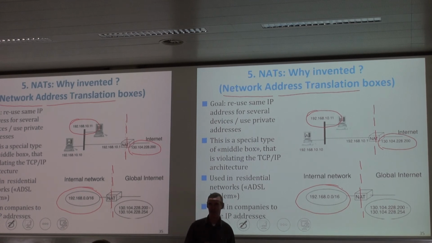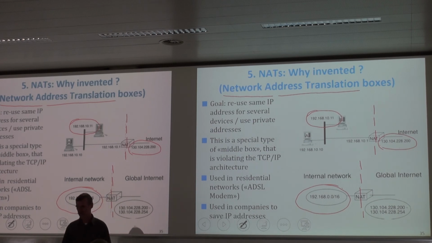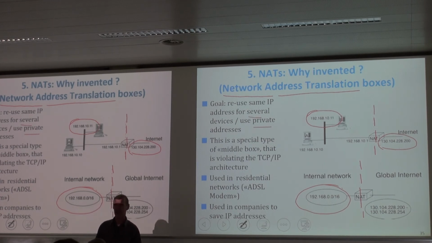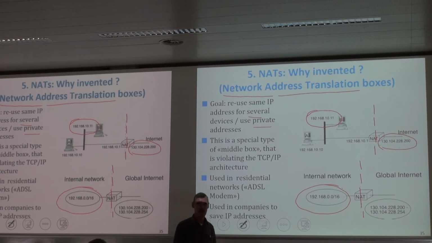You'll pay probably a few thousand francs a month for that, right? So no, I'll live with one address, and I'll put a device called a NAT that will be able not only to use the private address, but to reuse the same public address several times, which is another obvious violation of the architecture that says one interface, one address.